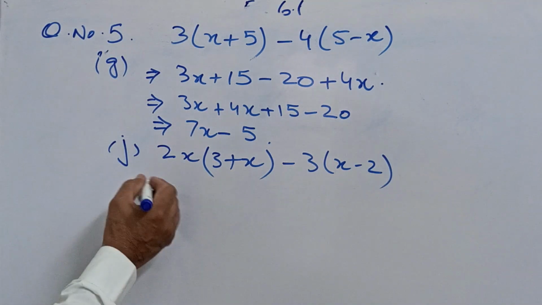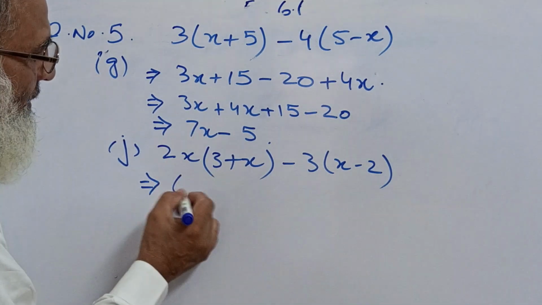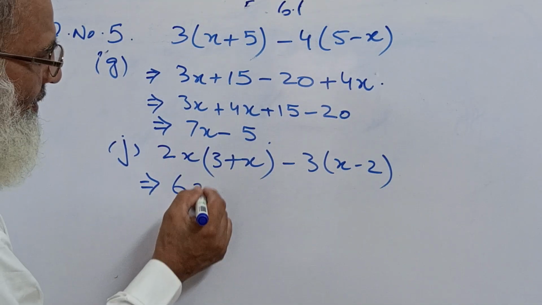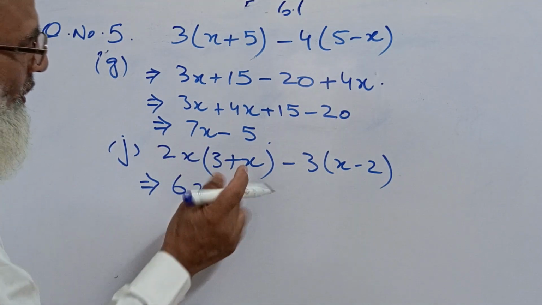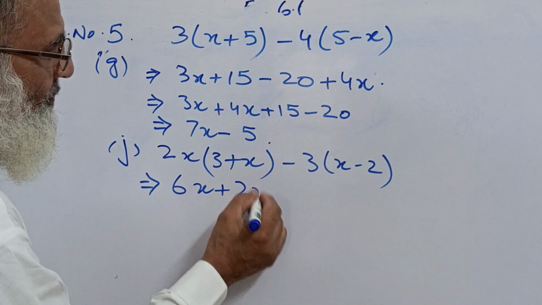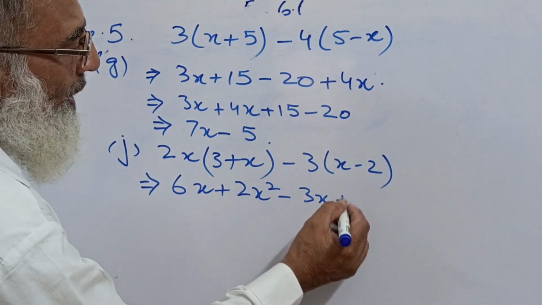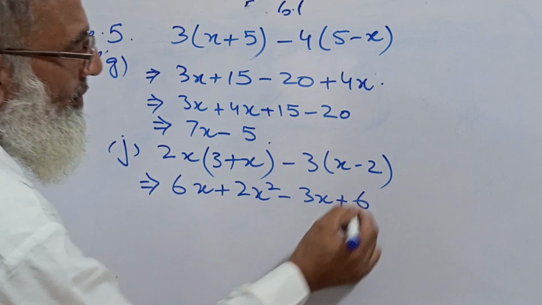Okay, now I'll solve it for you. 2 times 3 is 6, and 2x times x is 2x square, minus 3x plus 6.